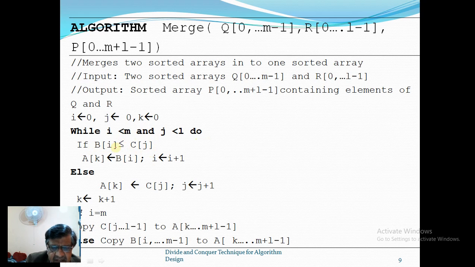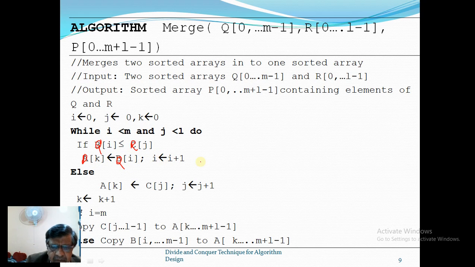If Q of I, the element found in the left portion of the array, I should have written this as Q, Q of I is less than R of j, then P of k, that is the merged array, should receive whatever is there in Q of I.